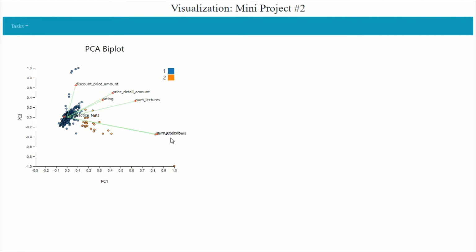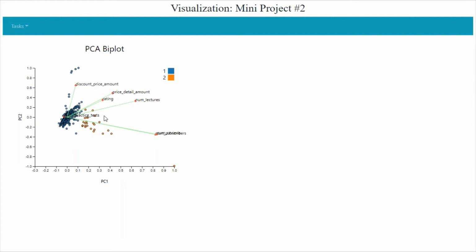As you can see, number of subscribers and reviews are quite important among PC1 and PC2, and this number of practice tests, with its small length, is of least importance among PC1 and PC2.